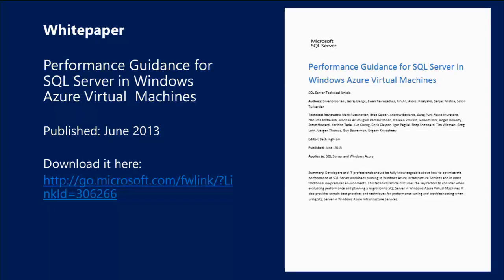And what you'll get in this white paper that you won't get in this session, as well as the depth, is there's a whole set of scripts that you can run. There's an appendix full of useful things like that, tools to download. So it's very useful. So if you take one thing away from this session, it's to download this white paper. It's 40-something pages maybe. It's definitely worth the read if you're interested in SQL performance in an Azure VM. And I assume that you may be, since you're here.